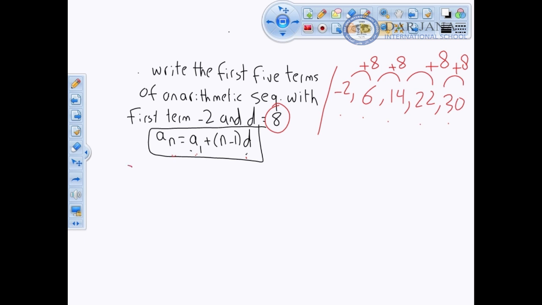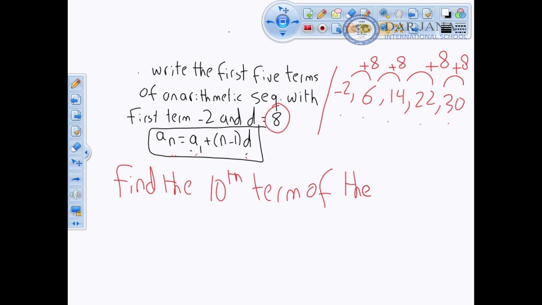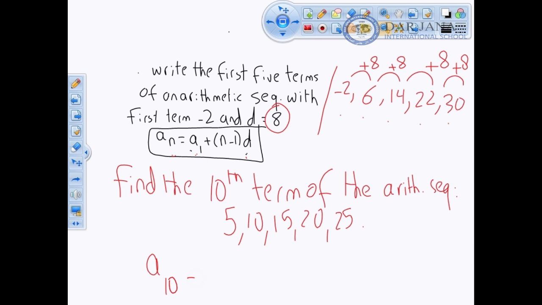For example, if I told you find the 10th term of the arithmetic sequence 5, 10, 15, 20 and 25. Here, 10th term, it means A10 is equal to the first term plus 10 minus 1 times d.